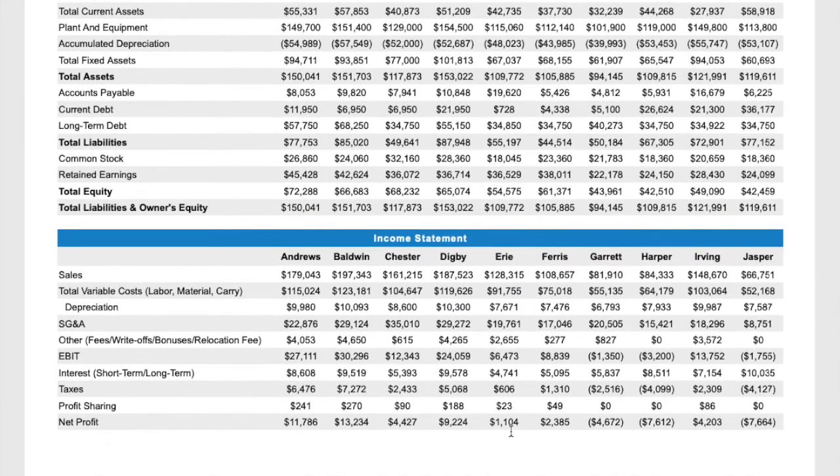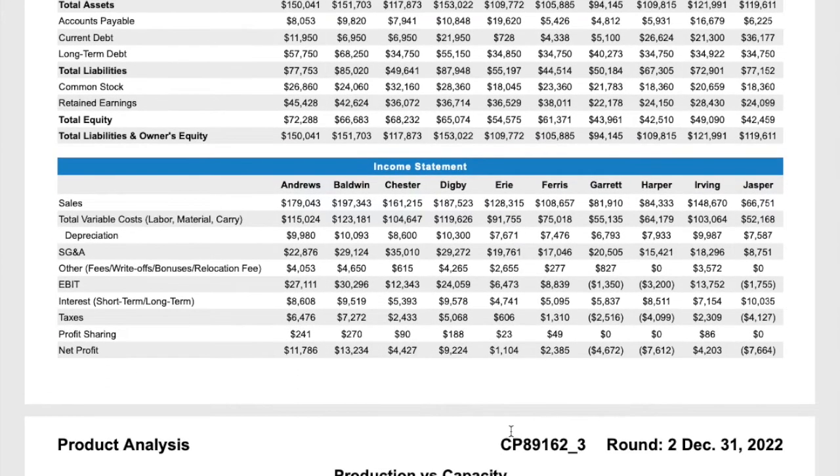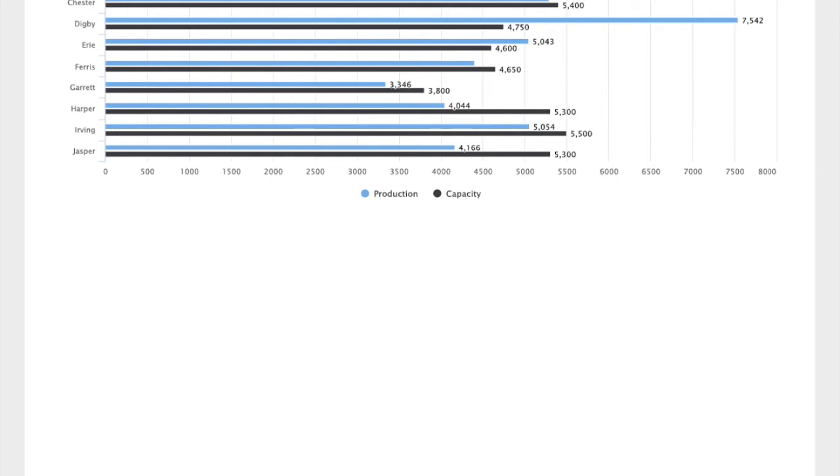And then we have, okay, so at the product analysis, we can see that Team Digby production is pretty strong here, and the capacity is about here, and then later on we can analyze what happened in Team Digby, is it really good, or is there anything we can learn from it.